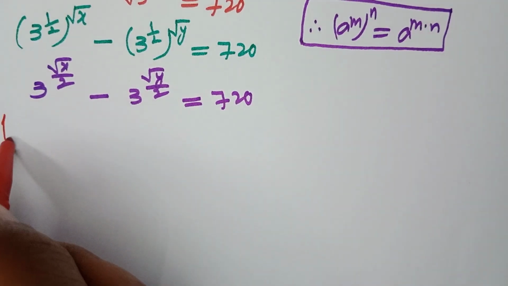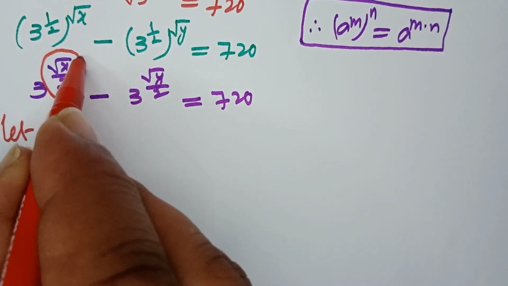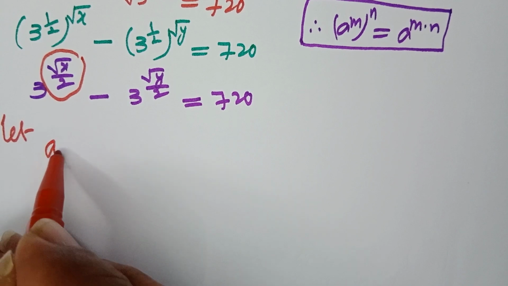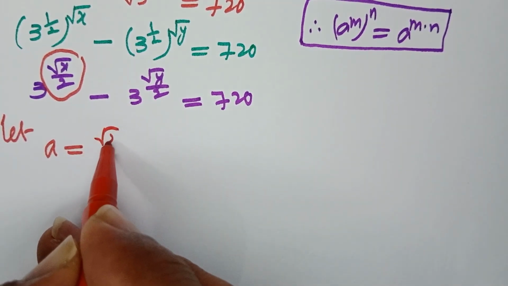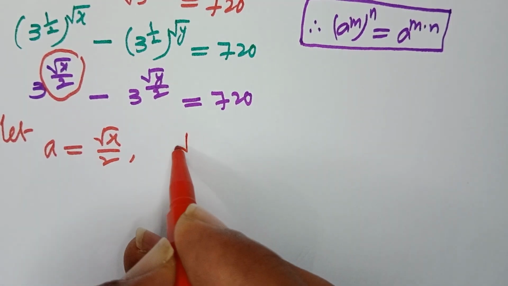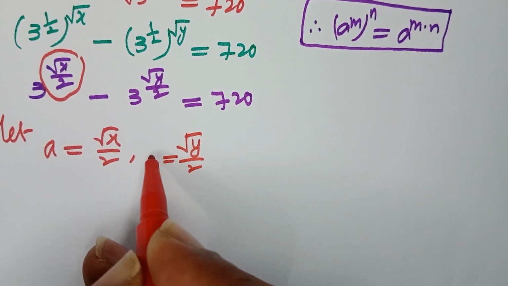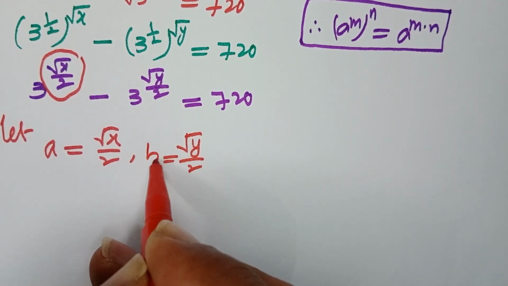Now let's suppose square root of x over 2 is a. Similarly, square root of y over 2 is supposed as b.